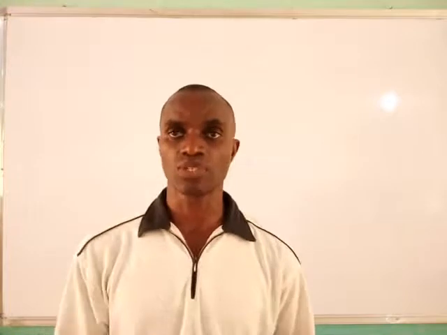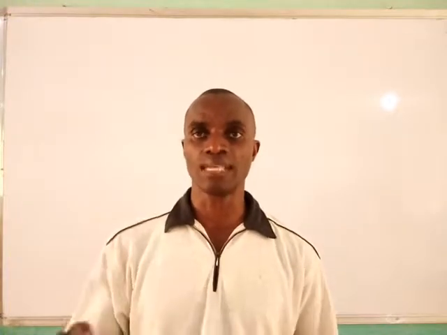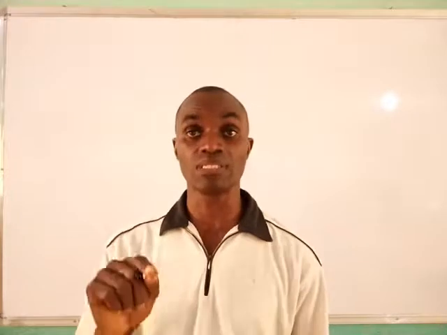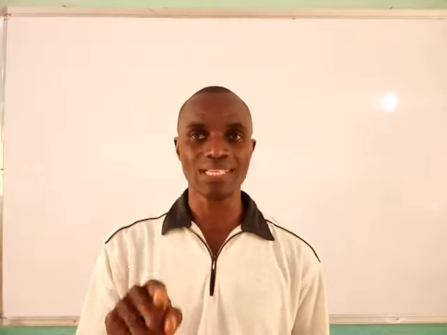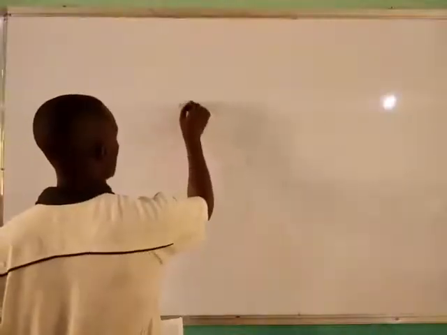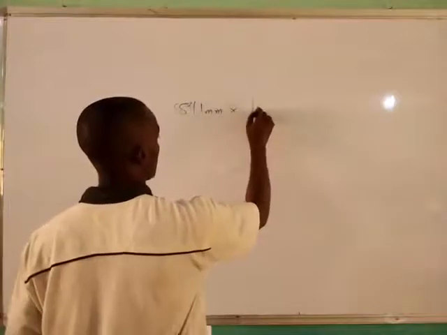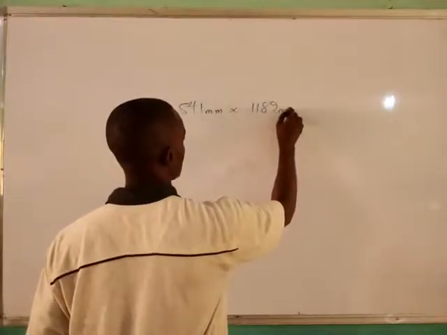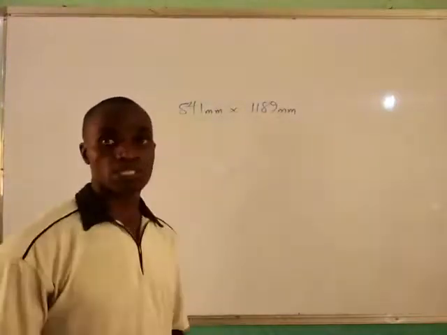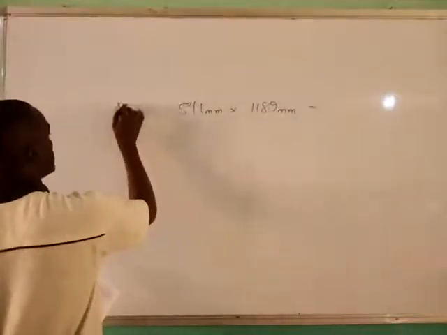In answering this question, you need to know the dimension of the largest paper in technical drawing, which is A0. The dimension is 841 millimeters by 1189 millimeters. So this one is for A0.